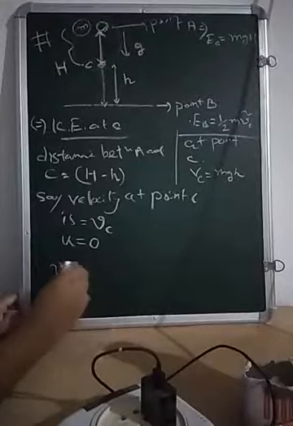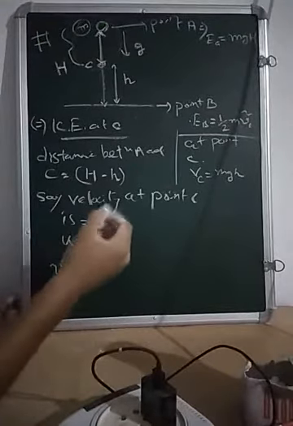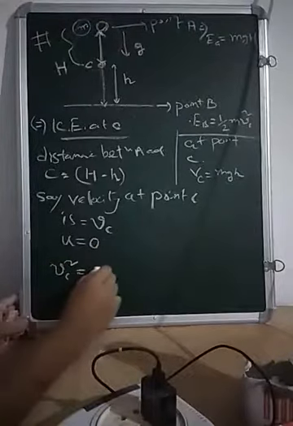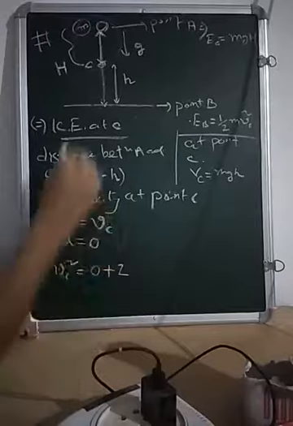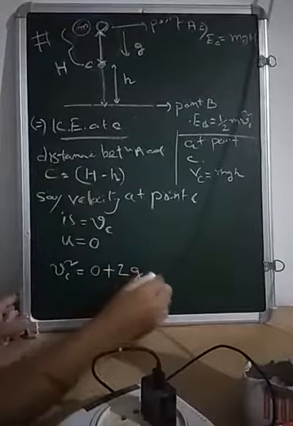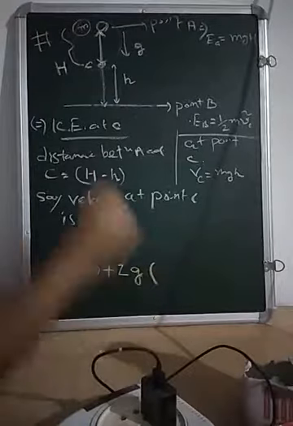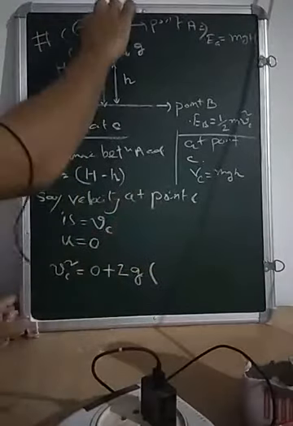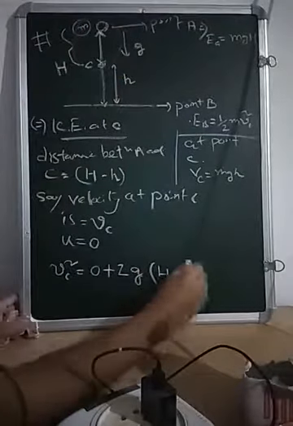From the expression v square equals u square plus 2as, we can write v square equal to 0 plus 2g into the distance between the points, which is capital H minus small h.